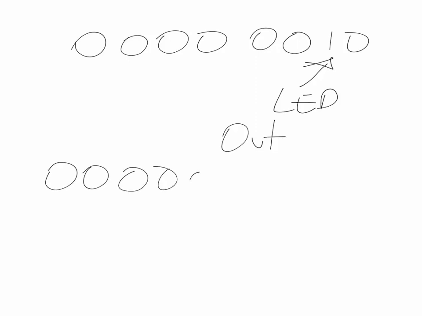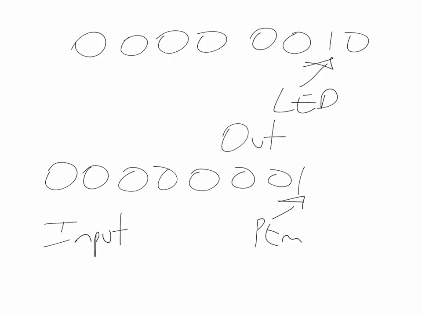So just to finish, there are 2 different places where you see a bit pattern. You can see 0, 0, 0, 0, 0, 0, 1, 0, and that could be to switch on an LED whenever I'm looking at outputs. I could also see 0, 0, 0, 0, 0, 0, 0, 1, and it could be looking at inputs and asking the question, has the push to make switch been pressed?